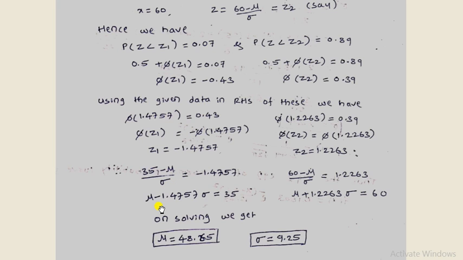So we get the term mu minus 1.4757 sigma is equal to 35. Similarly for the second function, we get two equations. By using the calculator, you can solve these two equations. We get the value of mu as 48.65 and sigma value as 9.25.